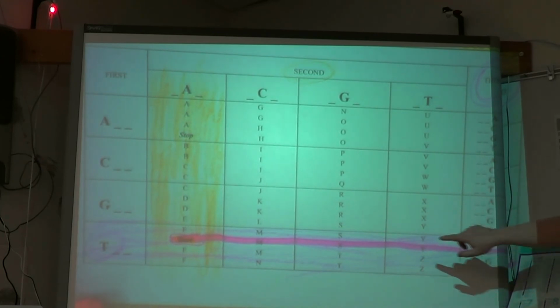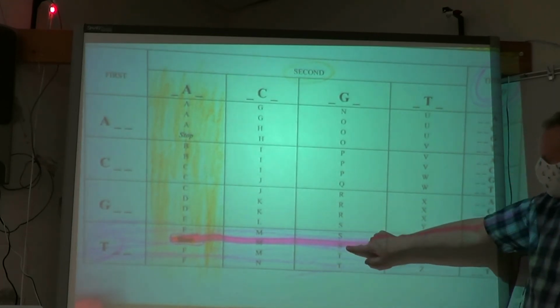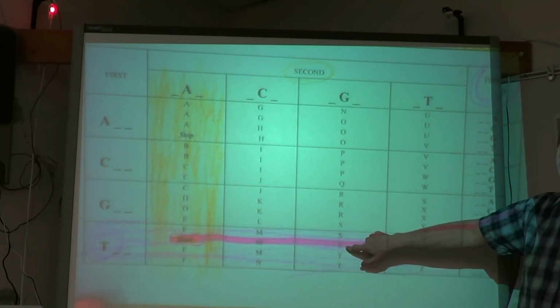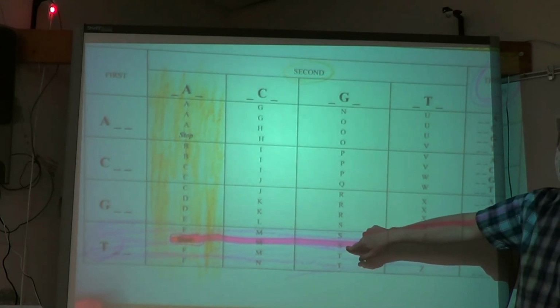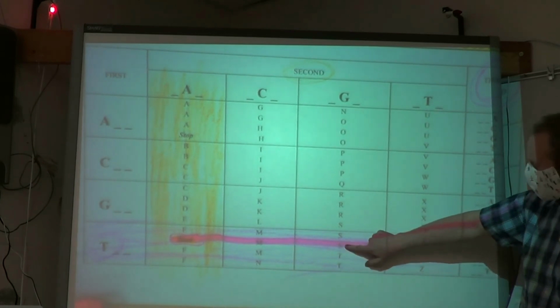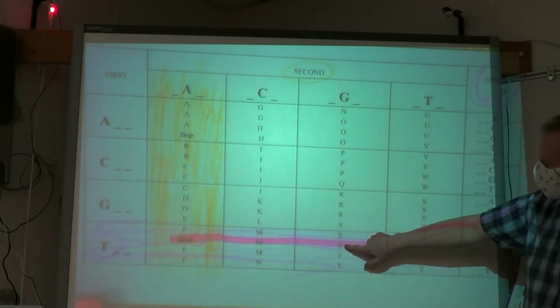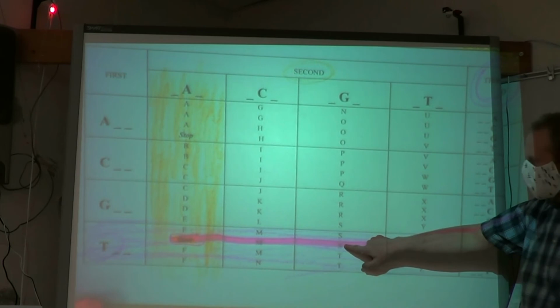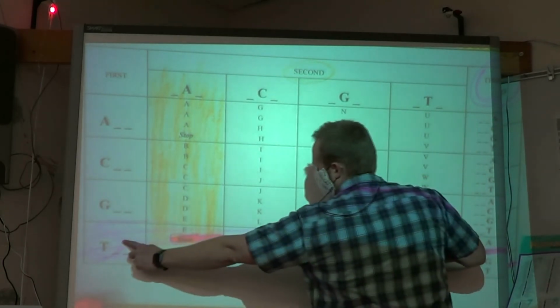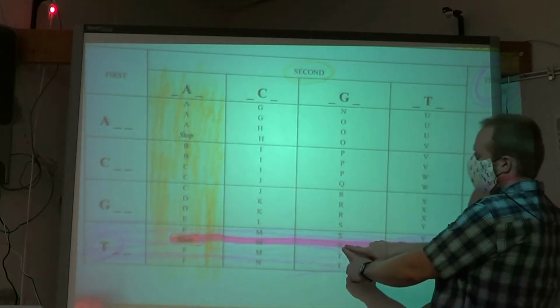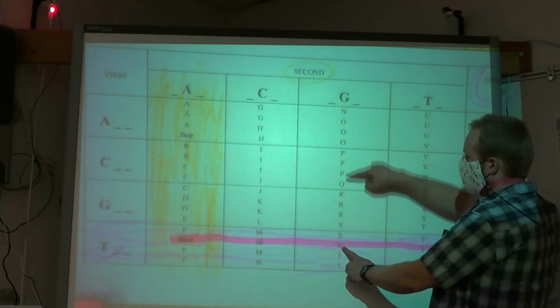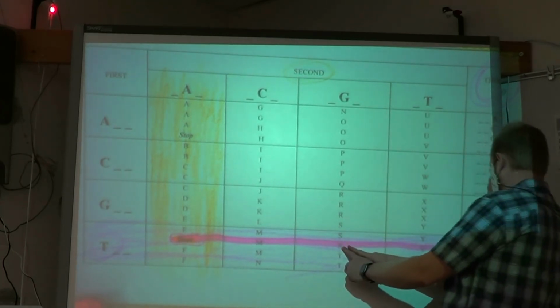So given the choices between 1, 2, and 3, which S do we want to code for? Someone gets to pick. 3. Okay, so we're going to code for that third one. What's my first letter of this S going to be? T. What's the second letter? G. And what's the third letter?